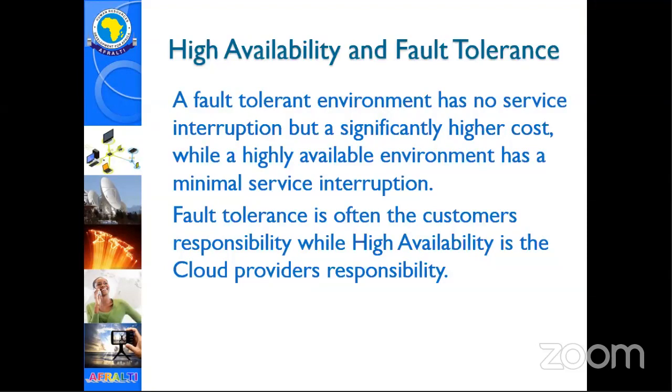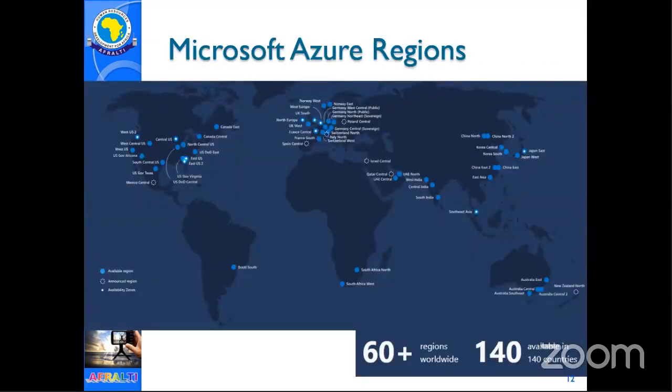In a high available environment, it should have been designed in such a way that there was a backup of that database seated somewhere else separate that this system can now connect to. Yeah. So the fault tolerance design is often a customer's responsibility, while high availability is often the cloud provider's responsibility, as we will see.